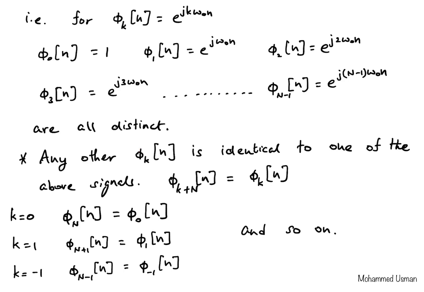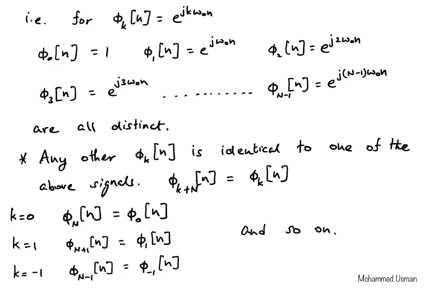Any other value of k, after phi n minus 1, if I put phi n of n or phi n plus 1 of n, they will start repeating from this sequence. So phi n of n will be the same as phi 0, phi n plus 1 would be the same as phi 1 of n, phi n plus 2 would be the same as phi 2 of n, and so on.